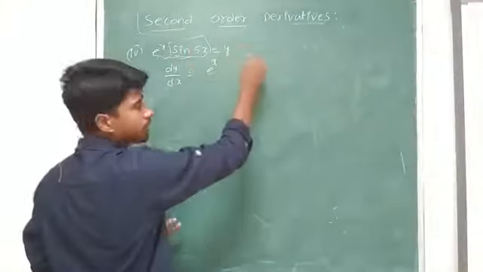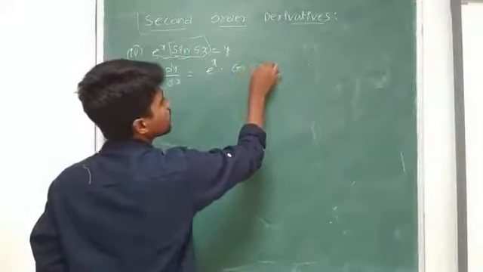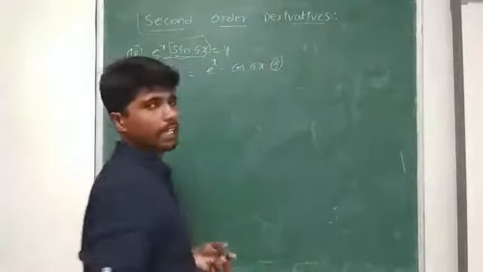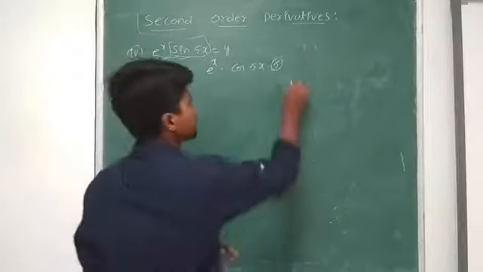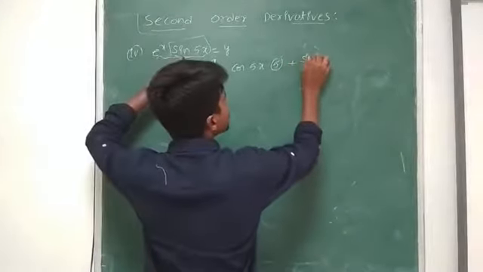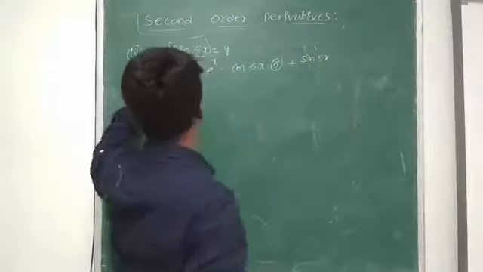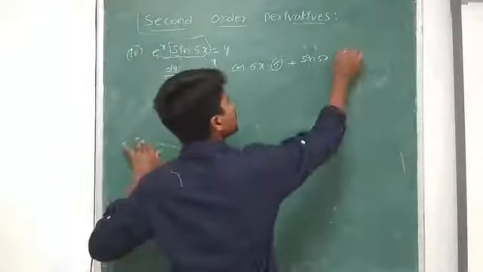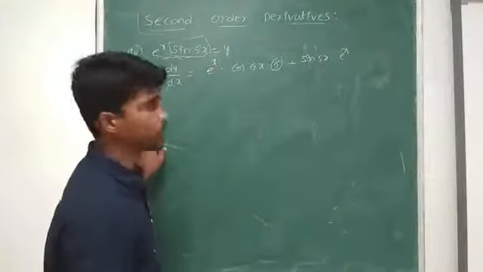Feel it as sin x derivative is cos x, but it is not x, it is 5x. So differentiation of 5x is 5, plus v sin 5x into u dash, e power x derivative is e power x.